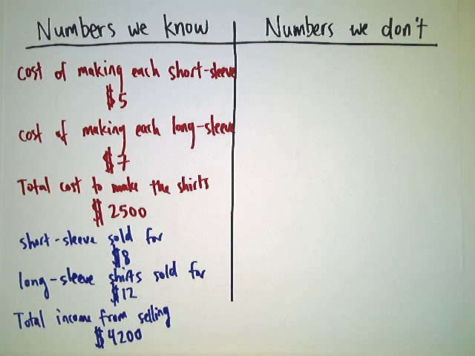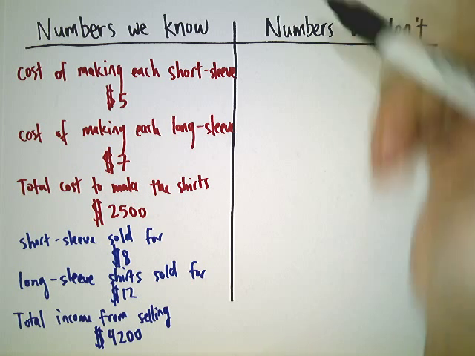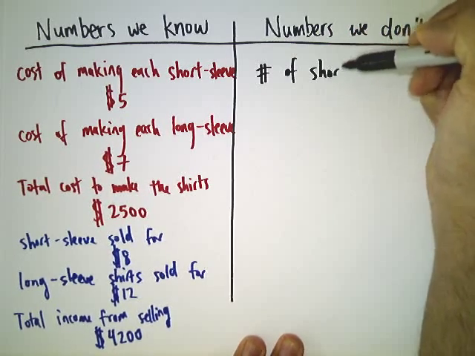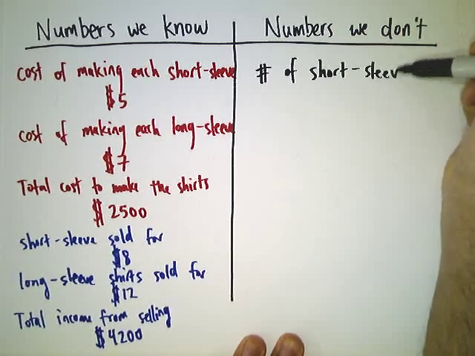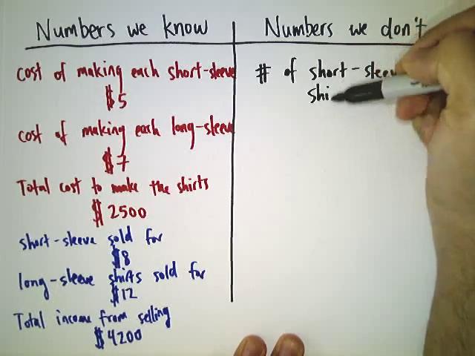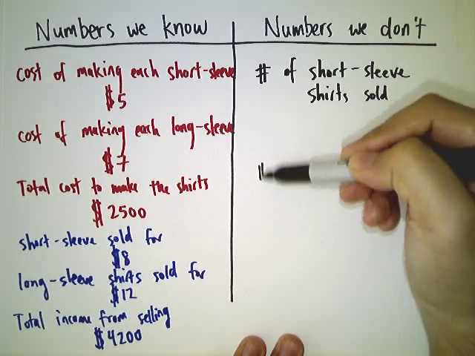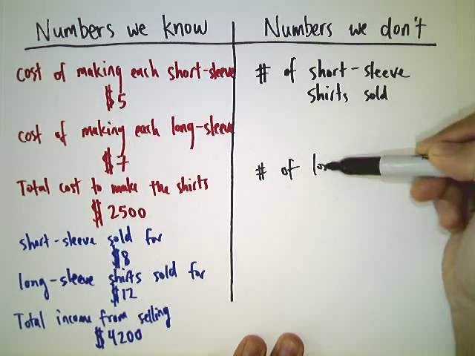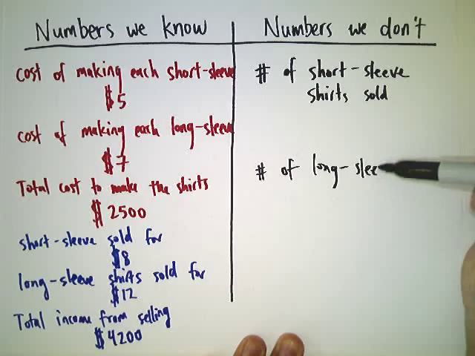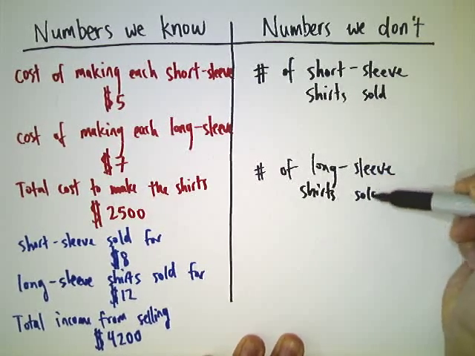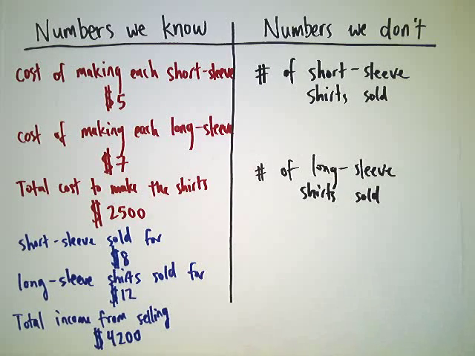Now, the numbers we don't actually know, like we said before, are the number of short sleeve shirts and the number of long sleeve shirts sold. In fact, that's what the question is asking us to find.